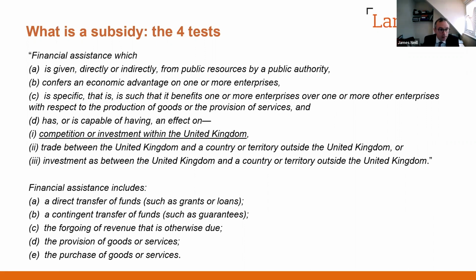So firstly, financial assistance which is given directly or indirectly from public resources by a public authority. It confers an economic advantage on one or more enterprises. It's specific, so it's the specificity test, that is such that it benefits one or more enterprises over one or more other enterprises with respect to the production of goods or the provision of services.